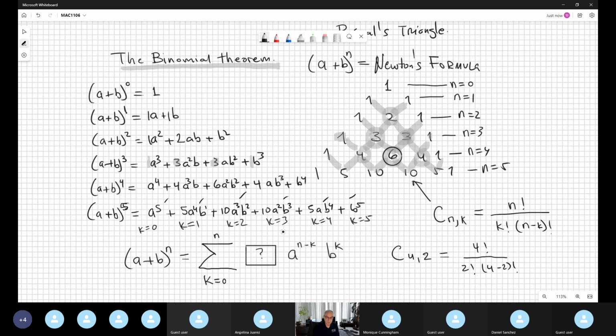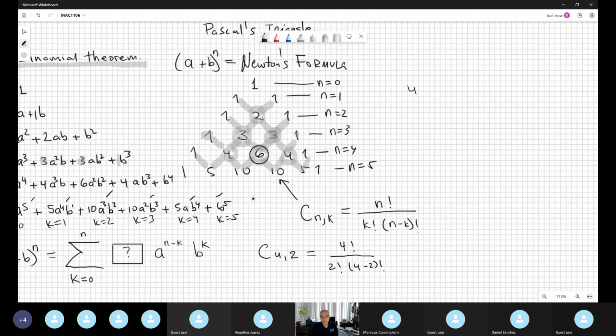What is factorial? 4 factorial is the multiplication 4 times 3 times 2 times 1. Likewise, 5 factorial is 5 times 4 times 3 times 2 times 1. So in general, n factorial is n times n minus 1 times n minus 2, and so on, ending in 1.